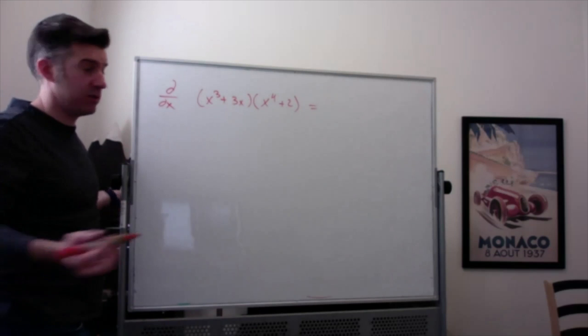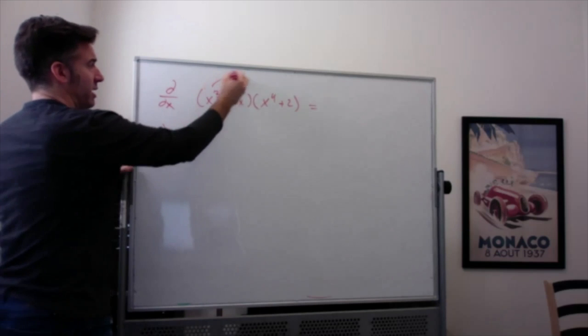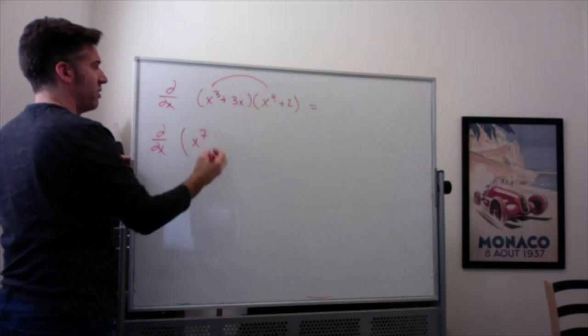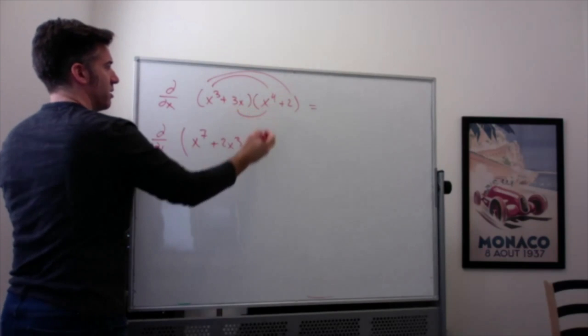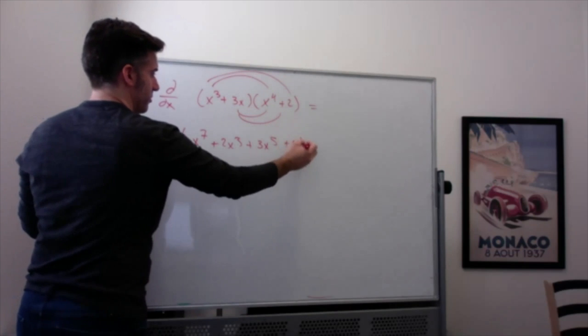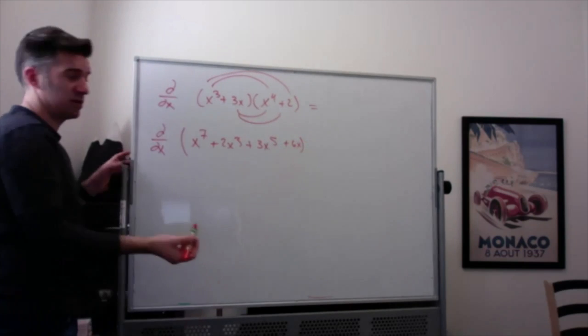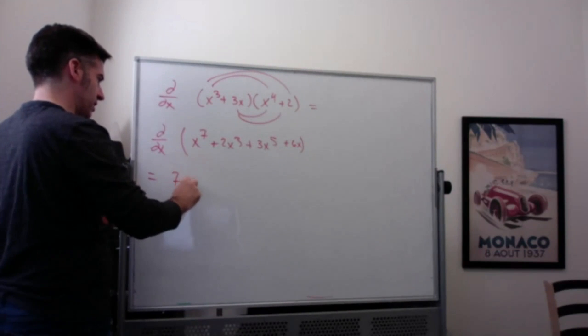I'm just going to multiply it out. This is the derivative of x cubed times x to the fourth, which is x to the seventh, plus 2x cubed, plus 3x to the fifth, plus 6x. And then I'm just going to use my power rules. The derivative of x to the seventh is 7x to the sixth.